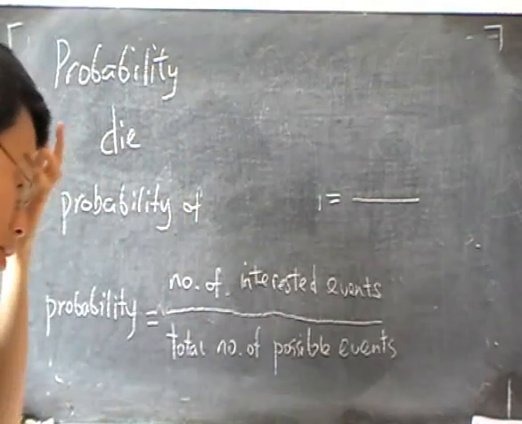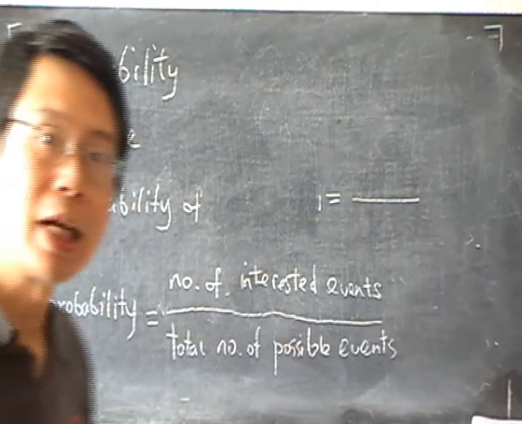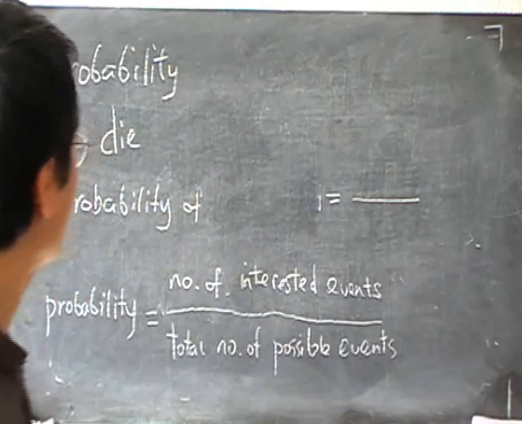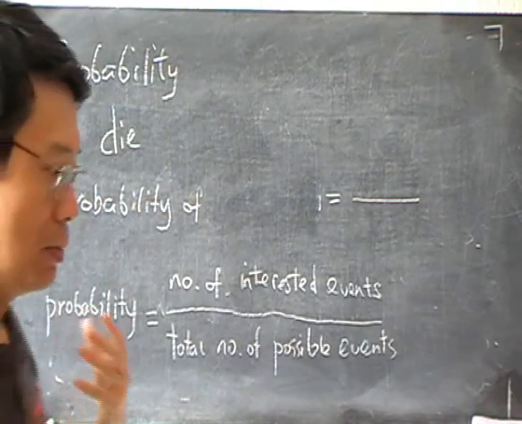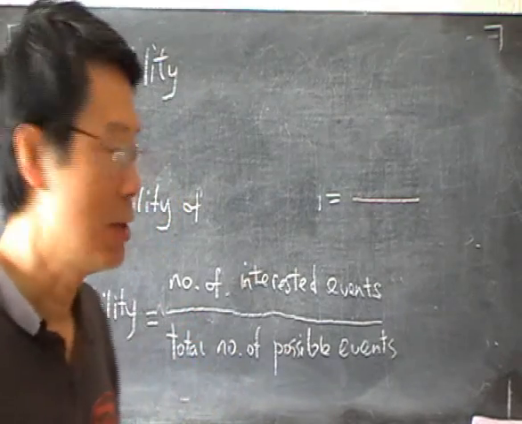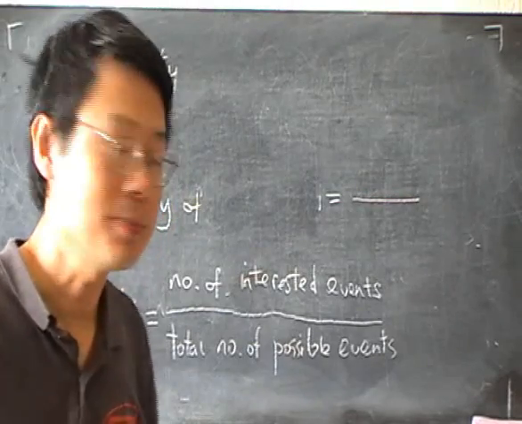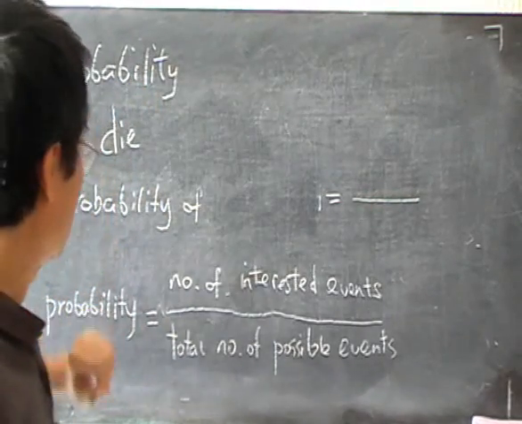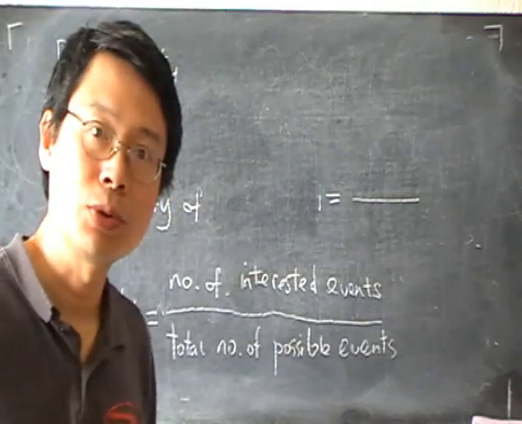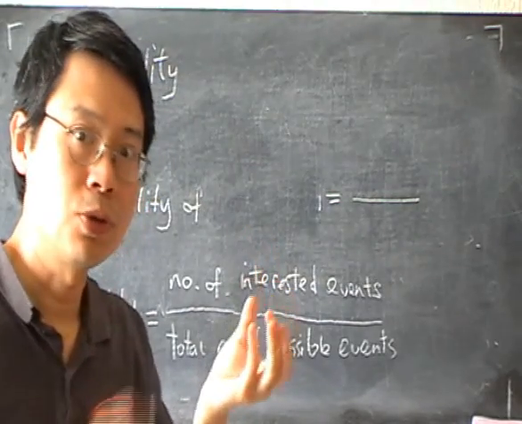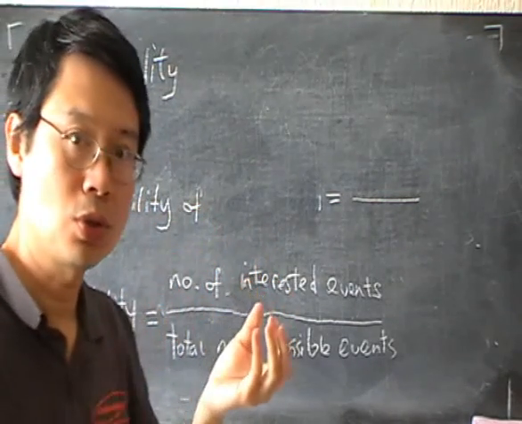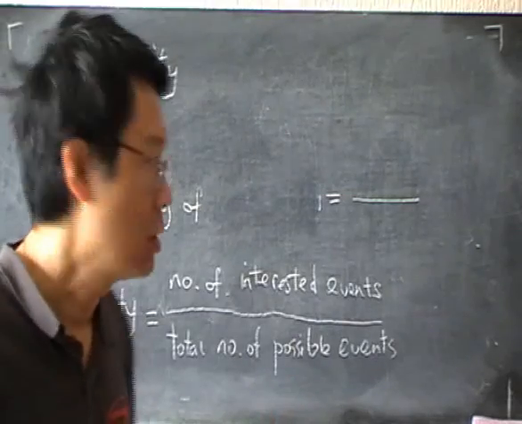Now that's a rather strange name if you are seeing it for the first time. But a die is not die as in living or dying. In this example, die refers to a little cube with either numbers or dots on it that you toss.